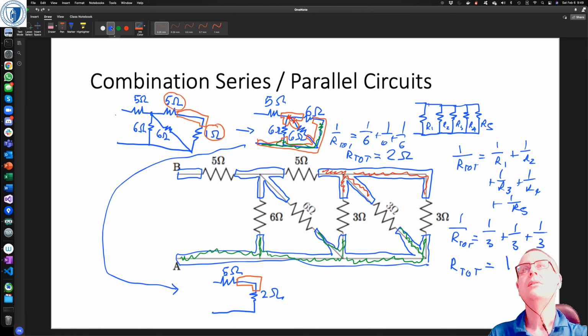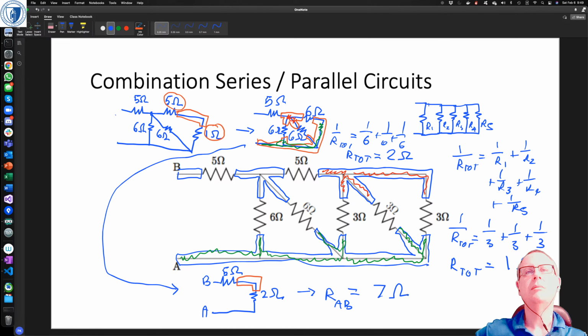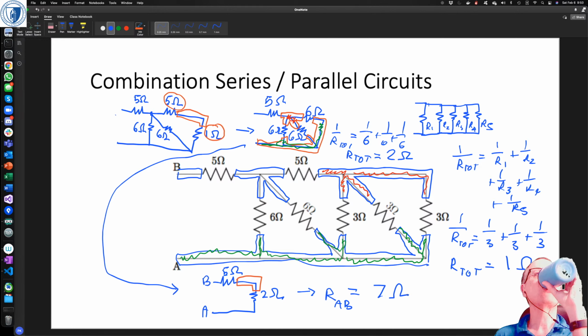So I can say, finally, remember this is B and this is A, I can say that the resistance between A and B is 7 ohms. Right, so now I've taken the original circuit, and I've drawn it, but I've converted it in.